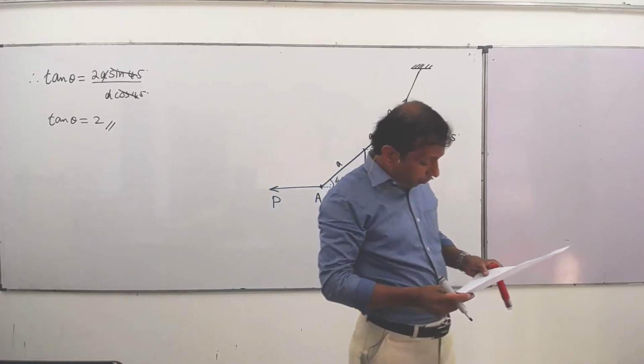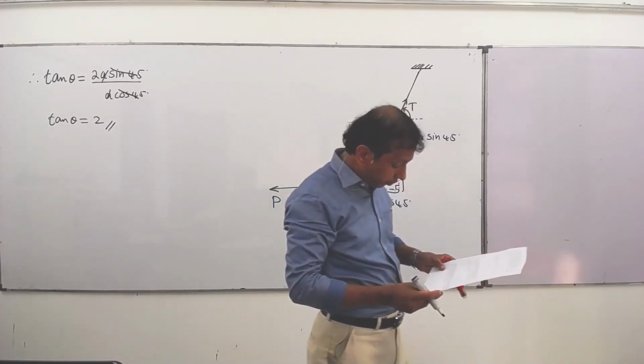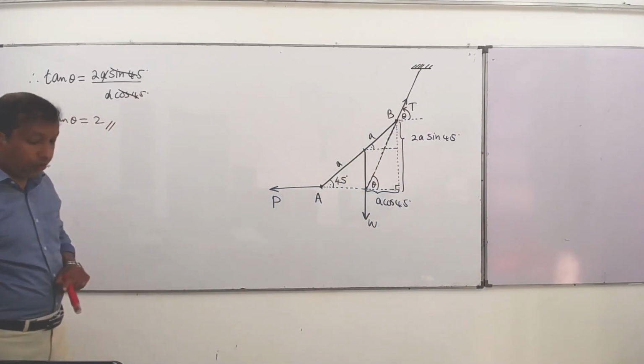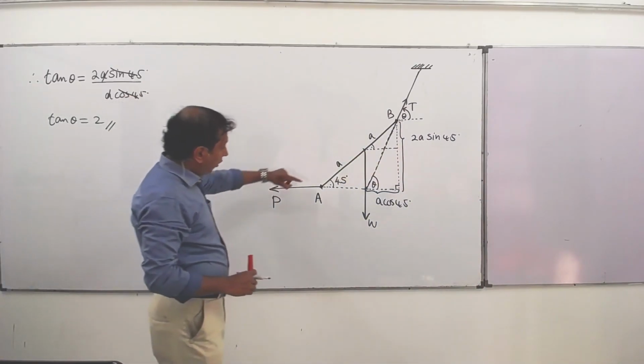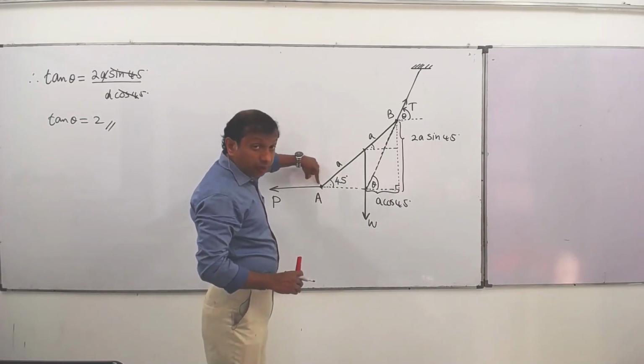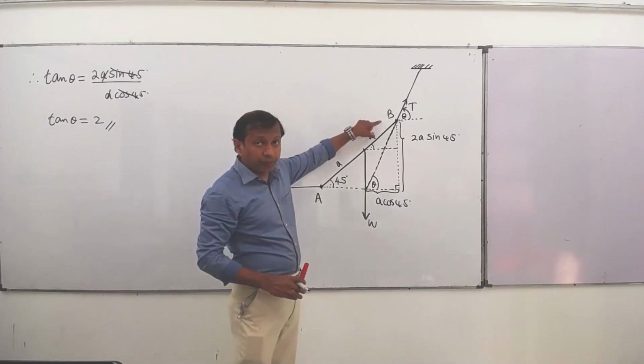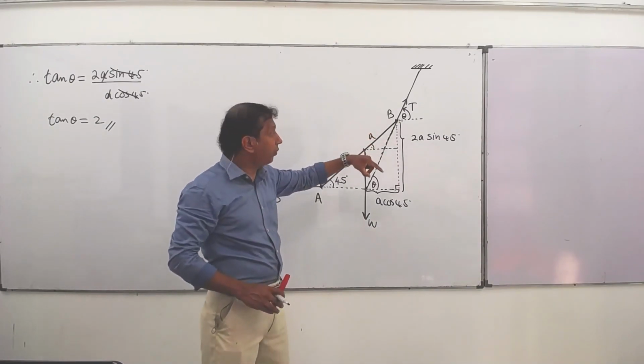Now asking, find the tension in the string in terms of W. The tension in the string can be found for the equilibrium of the rod. The rod is in equilibrium, no? We resolve forces upwards. Then what do we get?